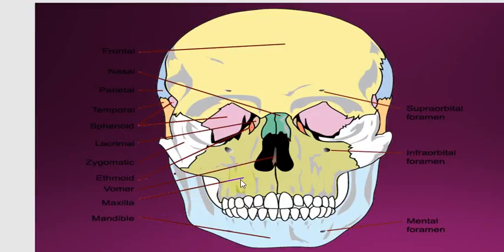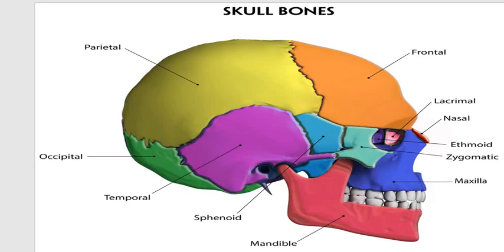And this is the upper jaw, which consists of two bones, and these are your maxilla. Another aspect, a side view of the maxilla. This is your upper jaw, one bone of the upper jaw, and the second is on the other side, and this is your mandible, the lower jaw of a human being.